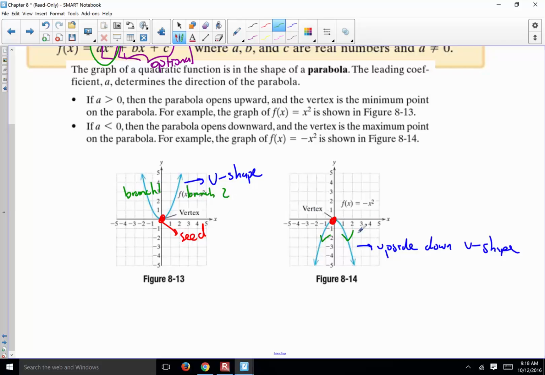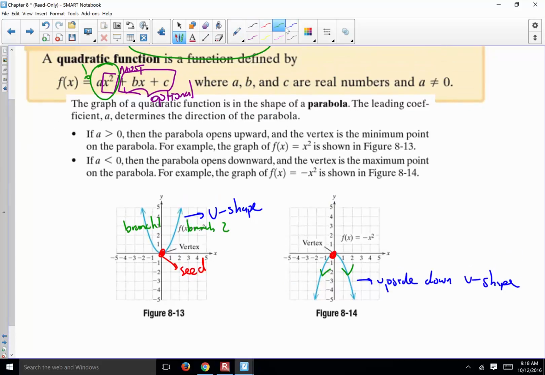Seed and two branches is what a parabola or quadratic function looks like. Whenever you have a positive number in front, like positive 2, positive 3, you will obtain this shape. So this shape, U shape, is obtained if a is more than 0. Upside down U shape, inverted U, is obtained if you have a negative, like minus 1x squared. Okay?